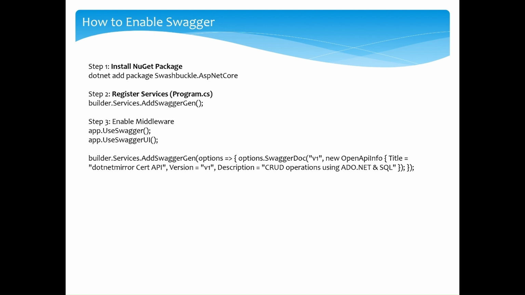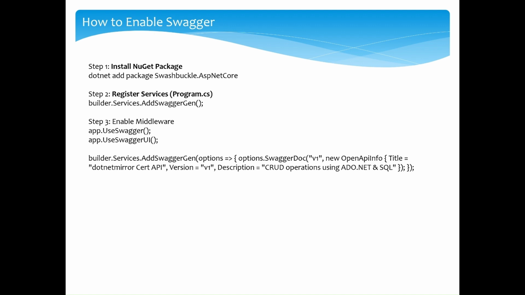We can add a custom title, version, and description, which can be passed to AddSwaggerGen to make our documentation professional and clear. Once that is done, we will enable middleware so the UI actually loads in the browser. We add app.UseSwagger to generate the JSON file and app.UseSwaggerUI to serve that beautiful interactive page.